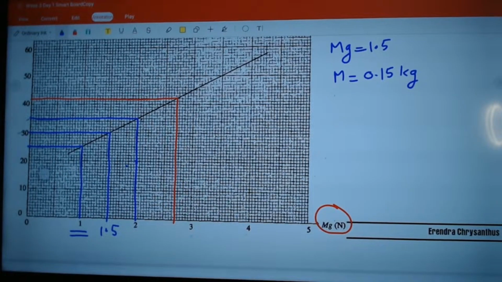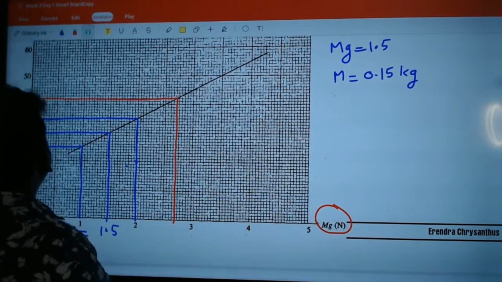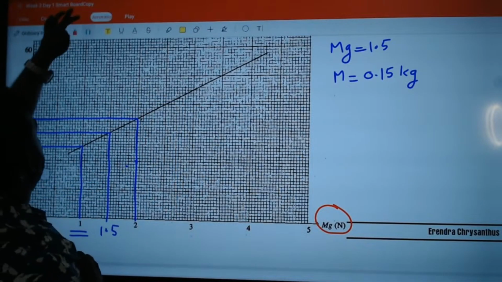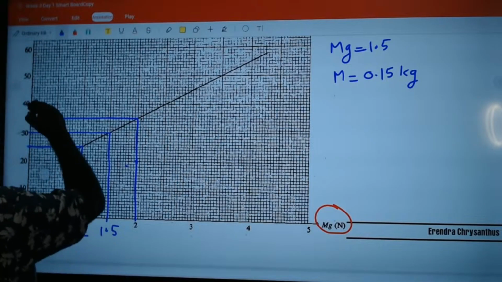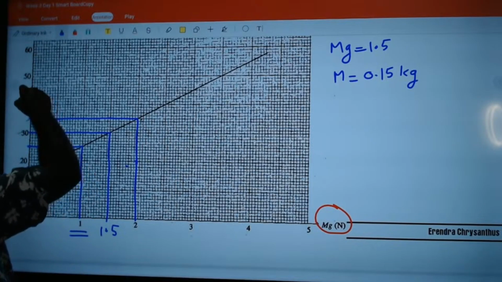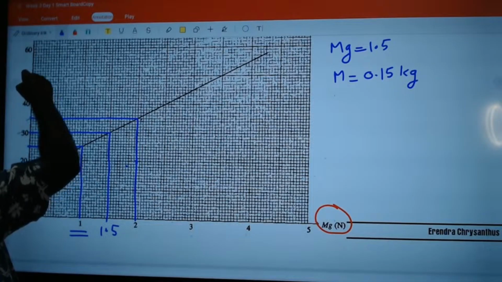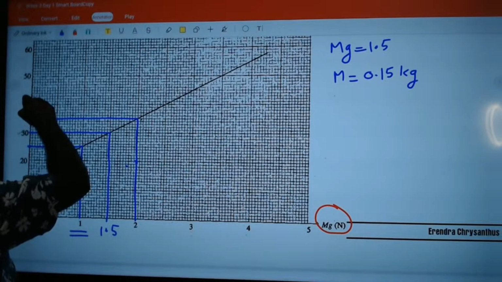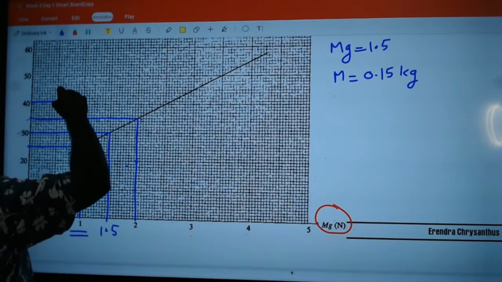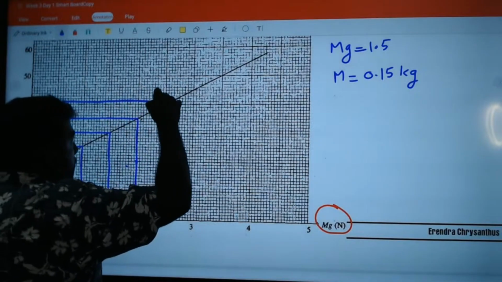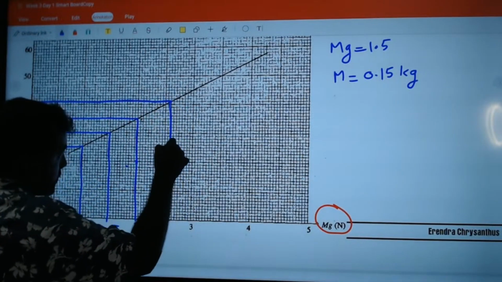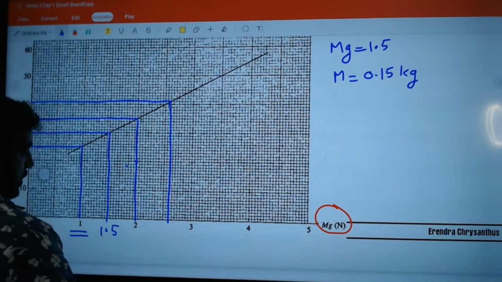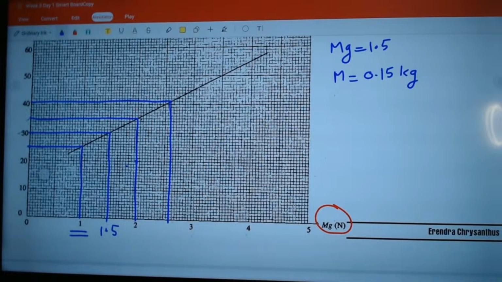Early one, 41 millimeters. Careful. 2.6.